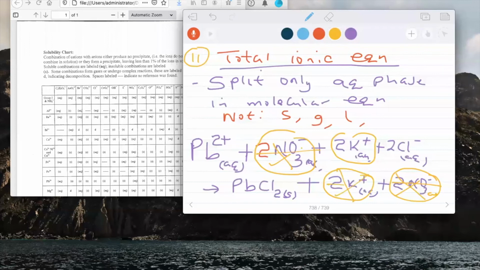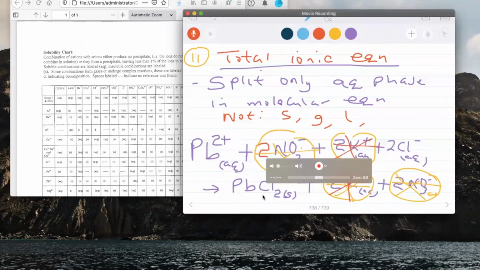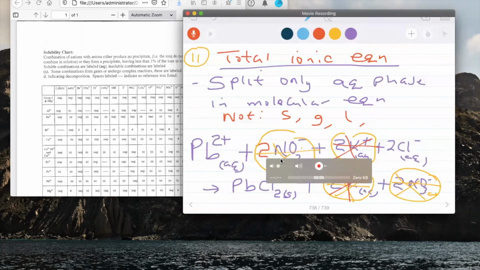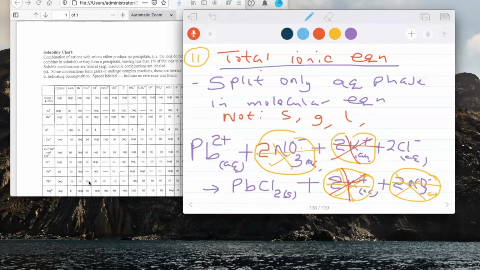I'll cancel this, all right? I'll cancel this and cancel that as well. The lead ion, you cannot cancel that. We cannot cancel that. So whatever is left from the total ionic equation after removing the spectator ions gives you the net ionic.